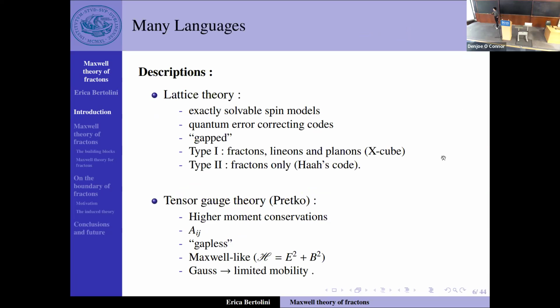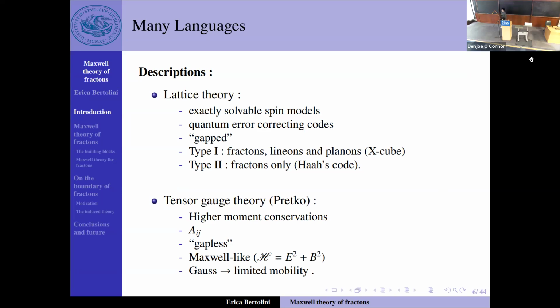And there are mostly two big areas in which one can find these models: lattice theories and tensor gauge theories, which are more my area of expertise, but these are very frequent. We heard something in the last seminar. Concerning lattice theories, these fractons can be found in exactly solvable spin models.